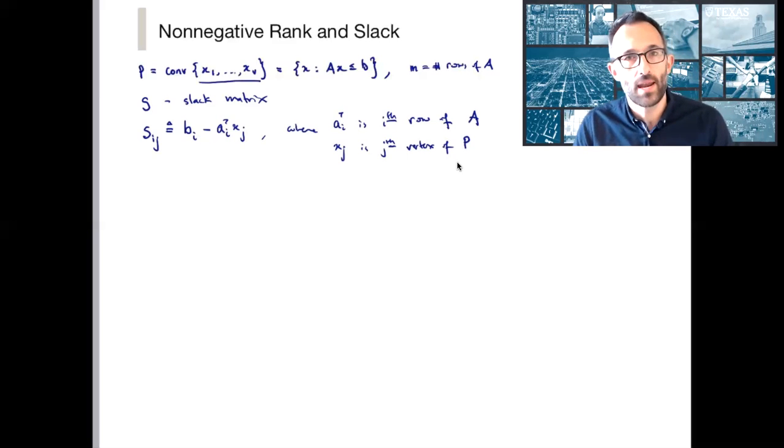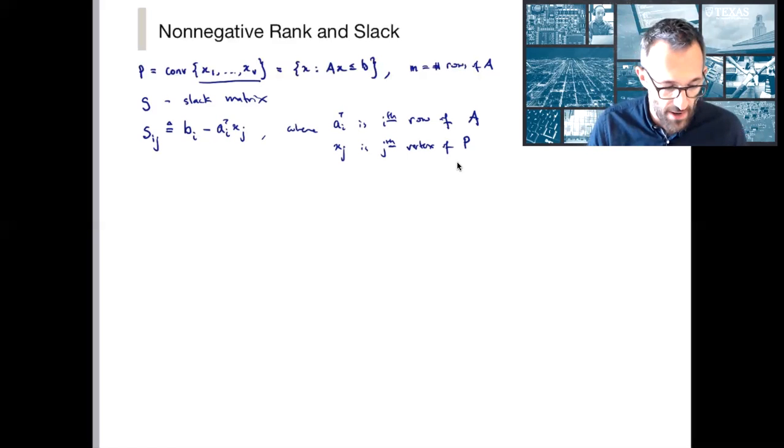Again, this is exponential size to write down. We're not writing this down. We're just defining what it is.